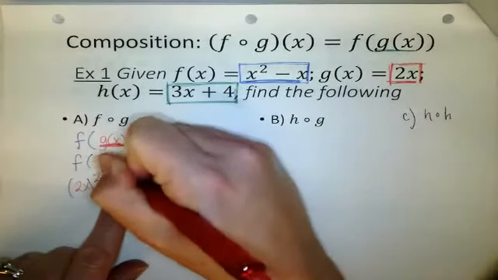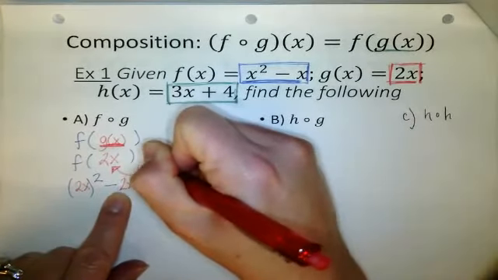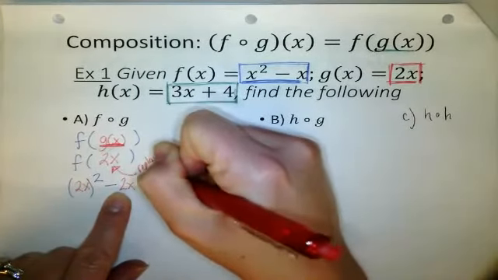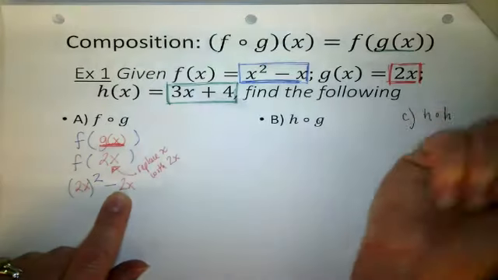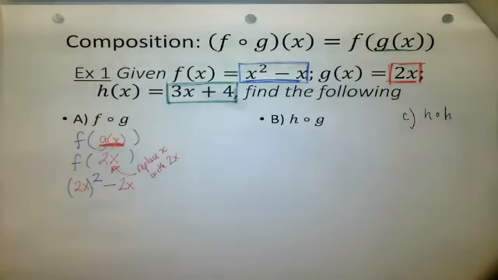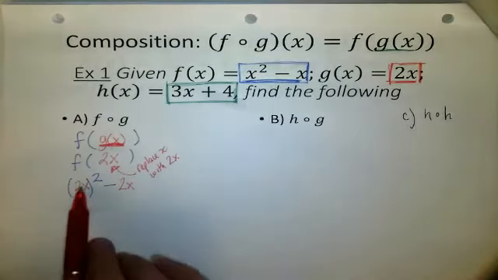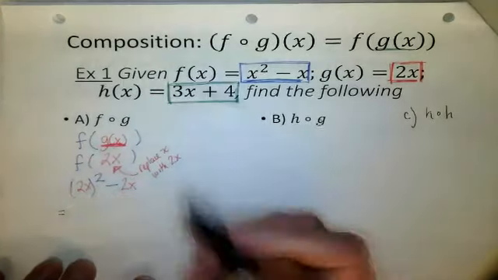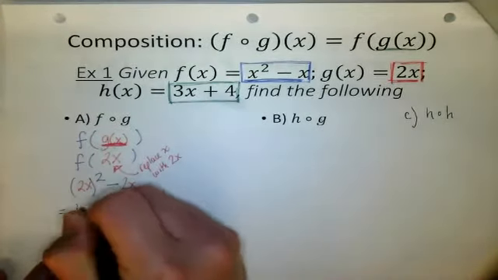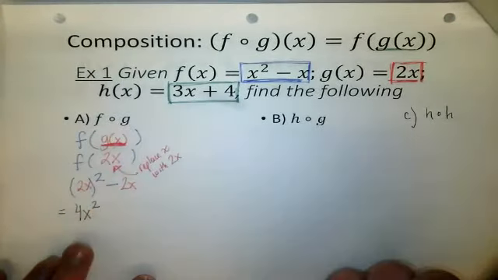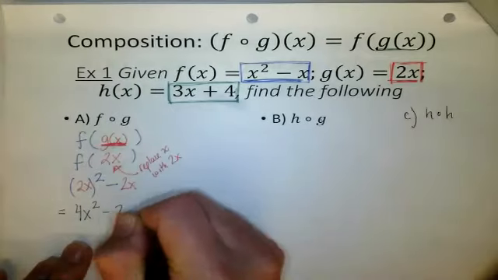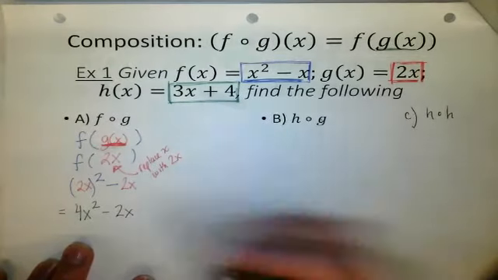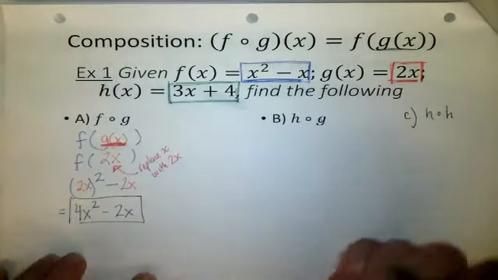So remember, this means replace X with 2X. Use 2X instead. What is 2X quantity squared? Yeah, that's 2X times 2X is 4X squared minus 2X. And that's it. That's all we can do. That is our composition.